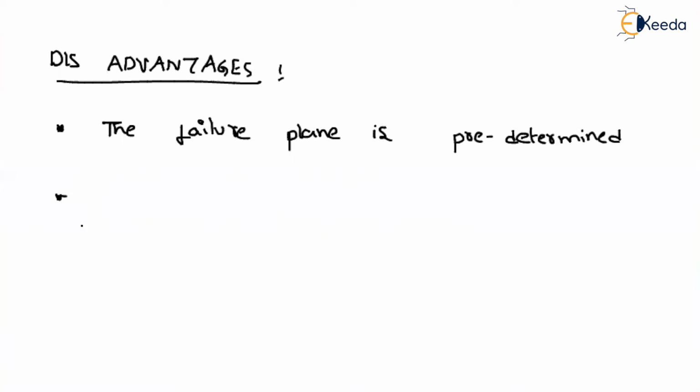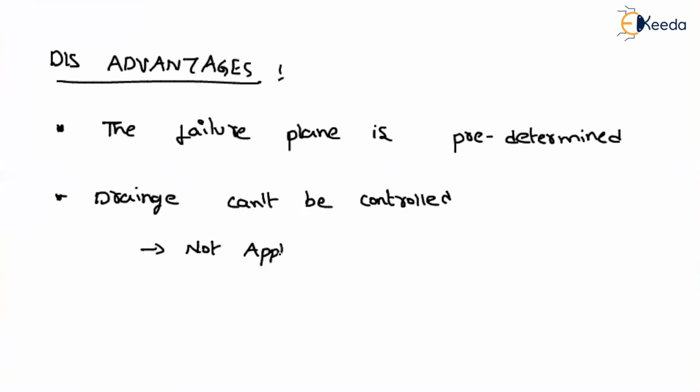Also the drainage conditions cannot be controlled. As you cannot control the drainage conditions, we cannot measure the pore water pressure. As we cannot measure the pore water pressure, it is not applicable for fine grained soils.